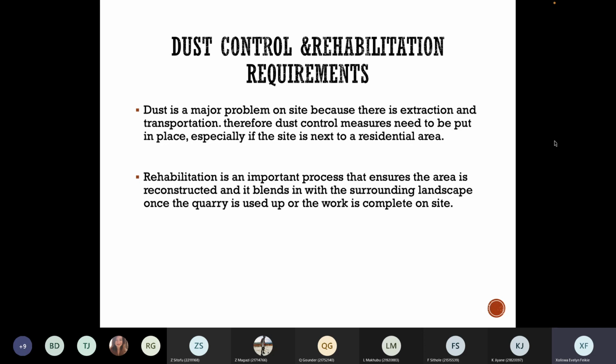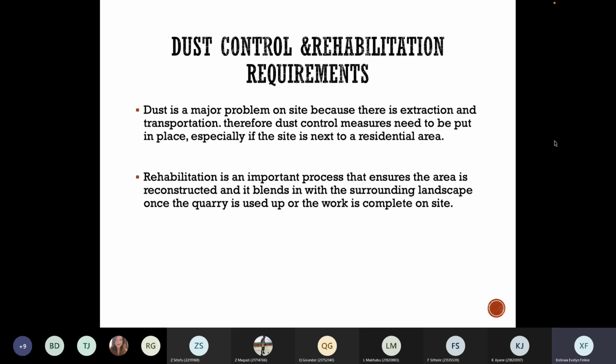Water tanks will always be on site in this case because they will continuously be spraying the quarry to make sure that as these trucks move to collect and they leave that specific area, they don't produce a lot of dust. So they're constantly spraying that area with water to make sure that they minimize it.